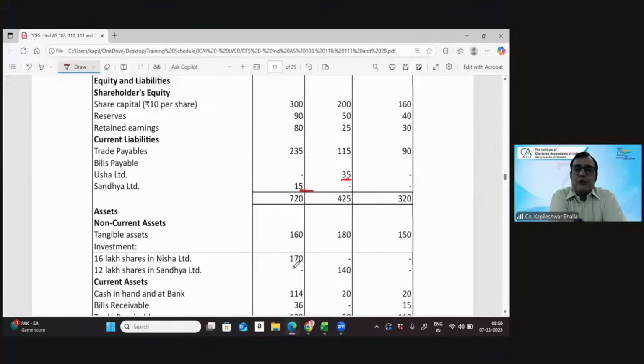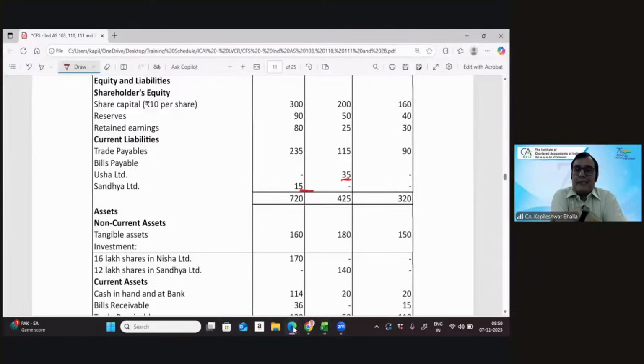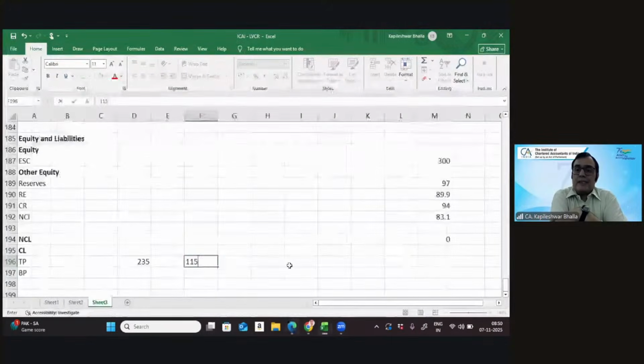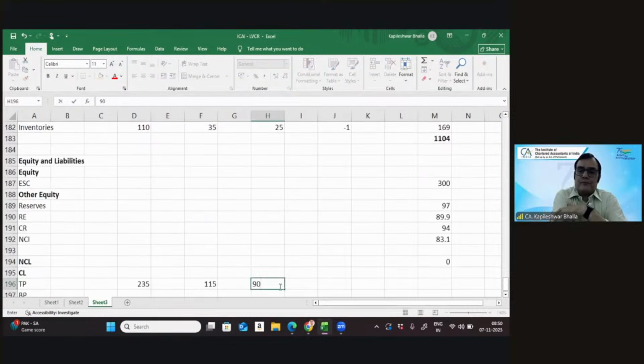Then finally, trade payable is 235, 115. Trade payable is 235. It is 115. And the trade payable is 90. So this works out at 90.